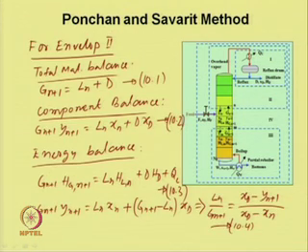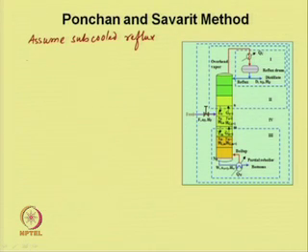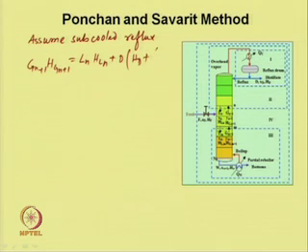The energy balance equation we can write: Gn plus 1 HGn plus 1 would be Ln HLn plus D HD plus QC, divided by D, is equal to Ln HLn plus D Qd dash. This is equation number 10.5.